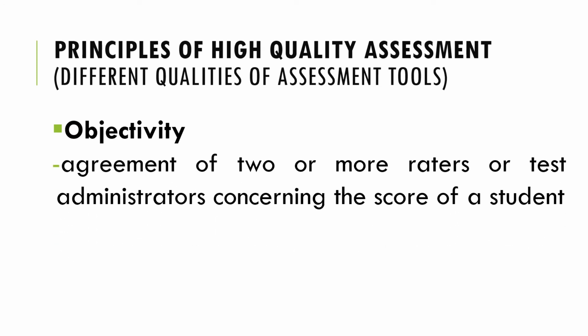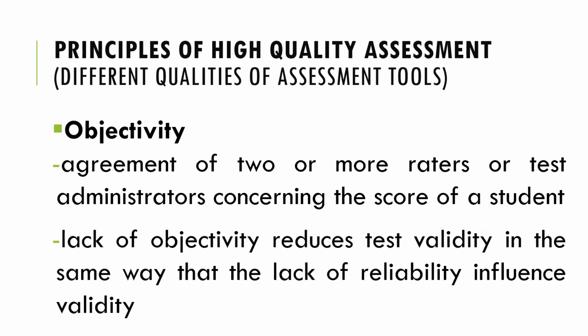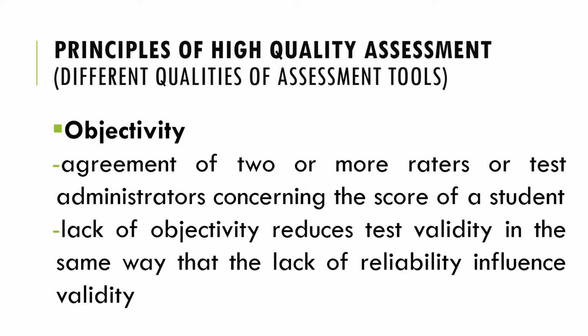Objectivity is the agreement of two or more raters or test administrators concerning the score of a student. Lack of objectivity reduces test validity, in the same way that the lack of reliability influences validity. So again, when we say objectivity, this is the agreement of two or more raters. Like for example, let's go back to Ma'am Lian Kimada and Sir Jusrel Martinez. For example, they agreed that this is the scoring procedure.